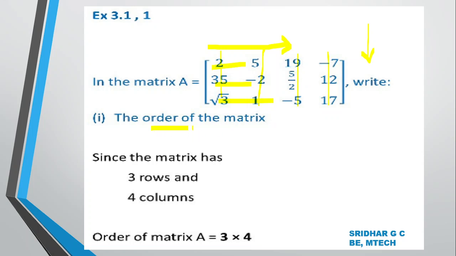We need to write the order of the matrix, which means mentioning the rows and columns. We call it 3 cross 4 or 3 by 4. The order of this matrix is 3 rows and 4 columns, that means 3 cross 4. Clear?